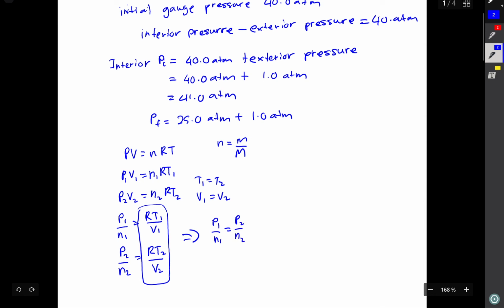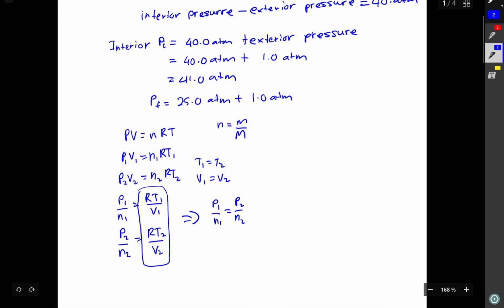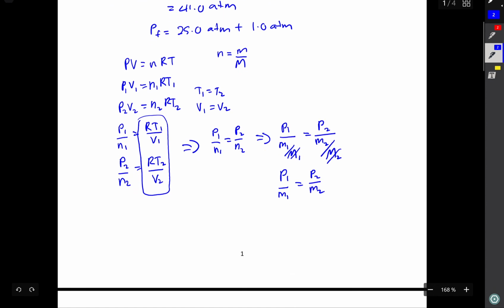Since both of these equations are the same, we can rewrite as P1 over n1 equals P2 over n2. Another way to say it is initial over initial equals final over final of these values. Again, we don't have this n value, so we transform this equation: P1 over m1 divided by the molecular mass, and P2 over m2 divided by the molecular mass. Since the molecular mass is the same because it's the same component, we can cancel both, reducing the equation to P1 over m1 equals P2 over m2, which helps us determine the value.